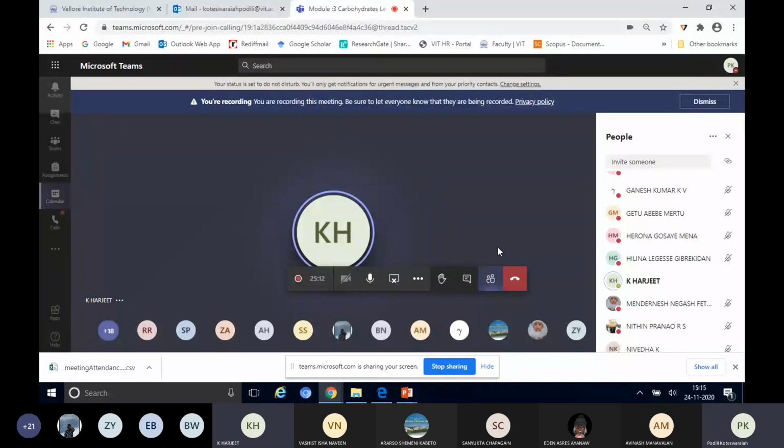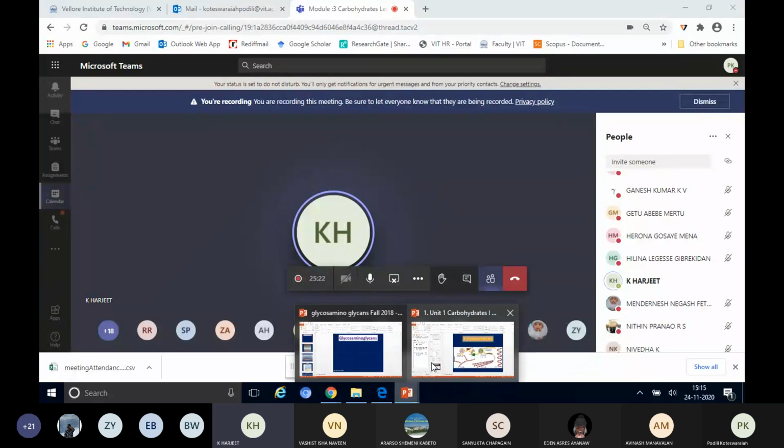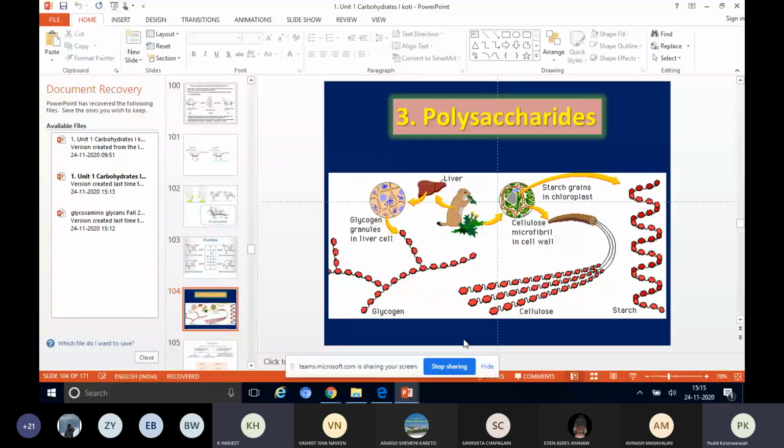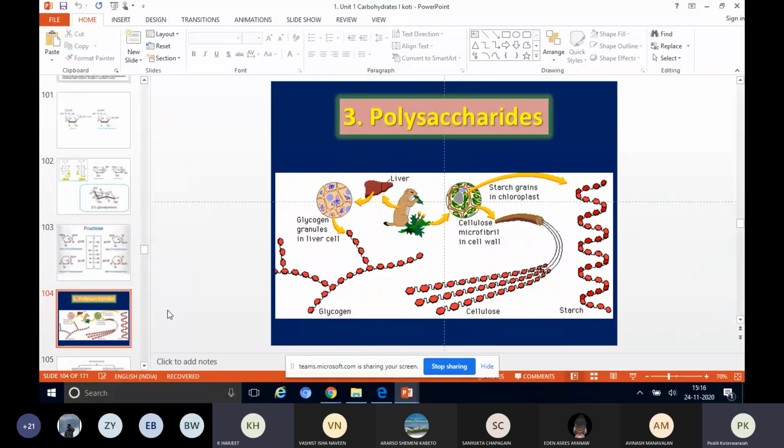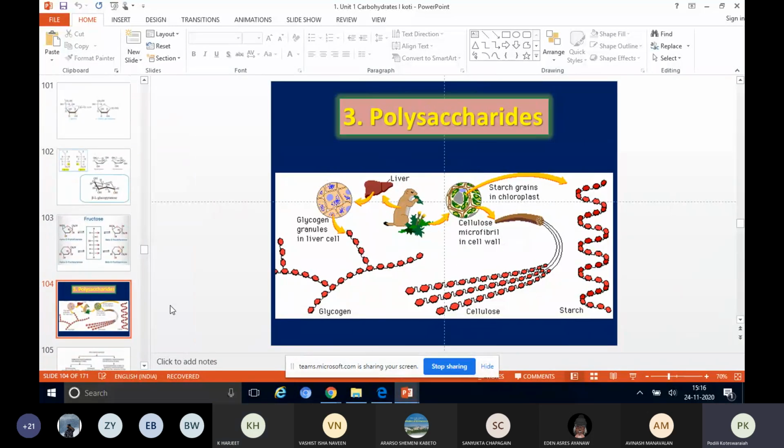Then we have been talking about glycogen, which is the storage polysaccharide. It has alpha 1 to 4 and alpha 1 to 6, and cellulose.